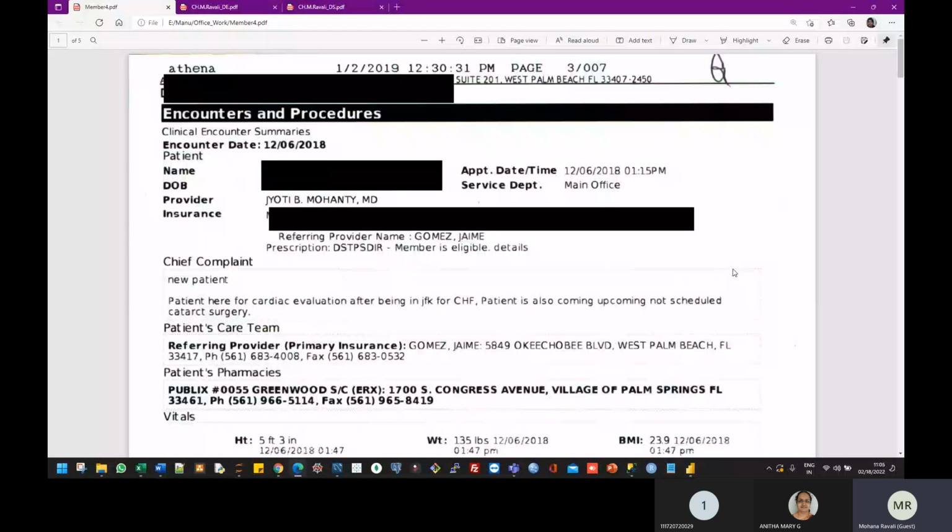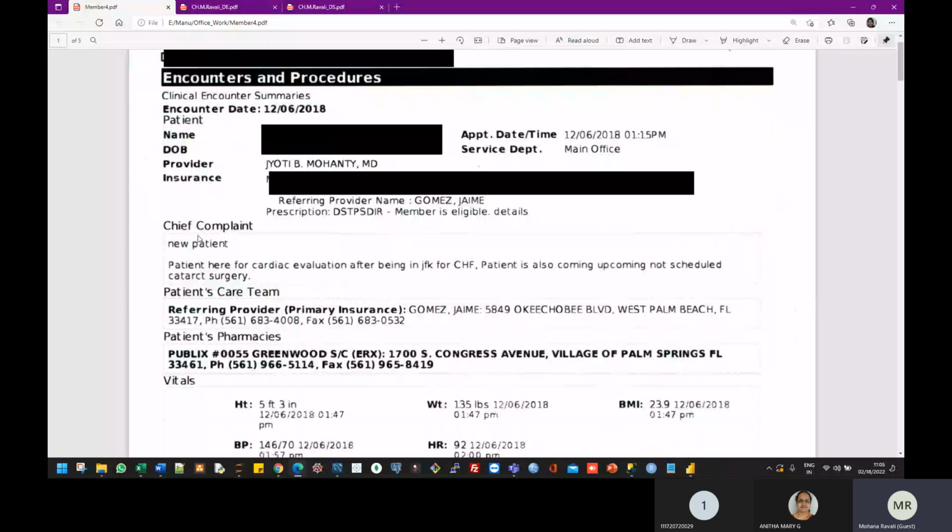It's very complicated, right? So that is why we need chief complaint. That means, what is this patient? He is a new patient here. Chief complaint: new patient here for cardiac evaluation. You will not understand some medical terms, it's okay.